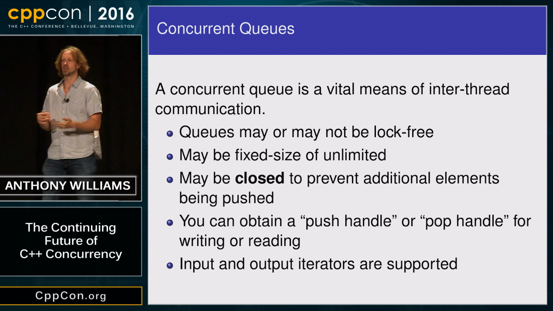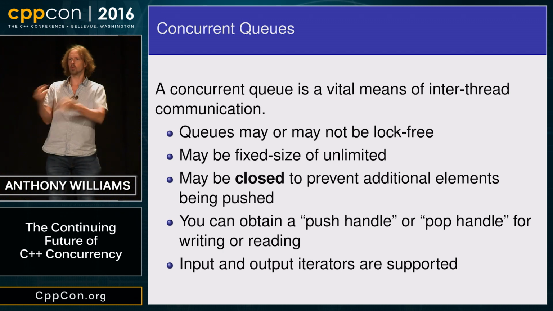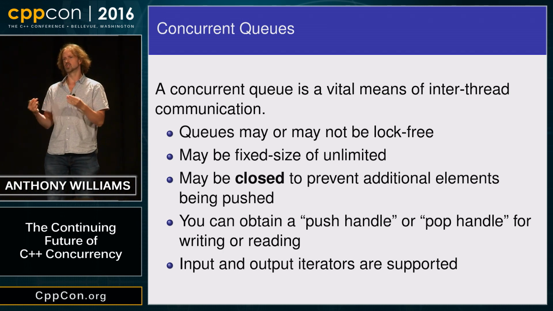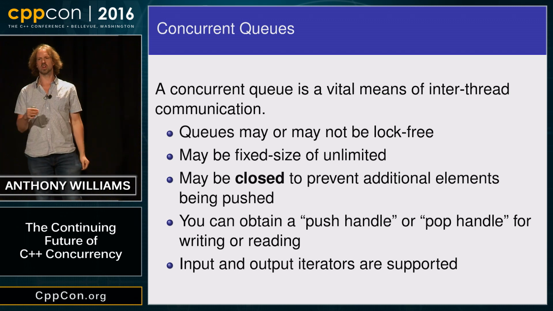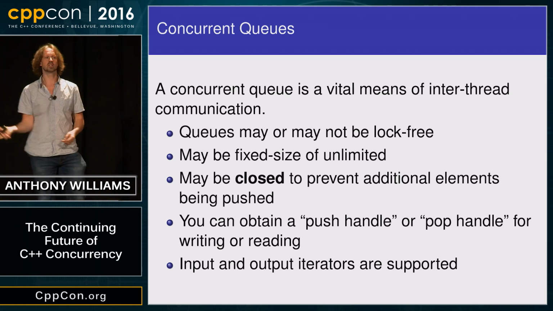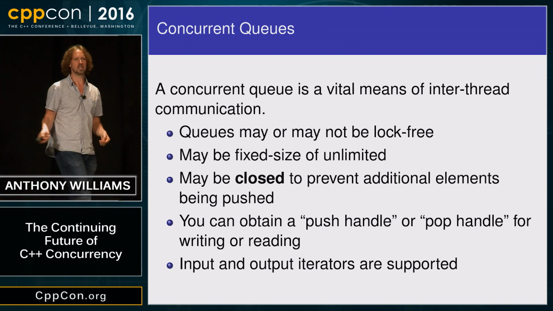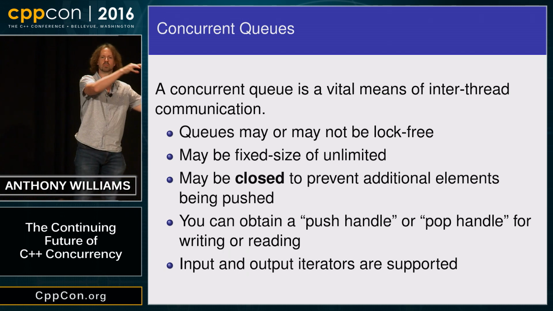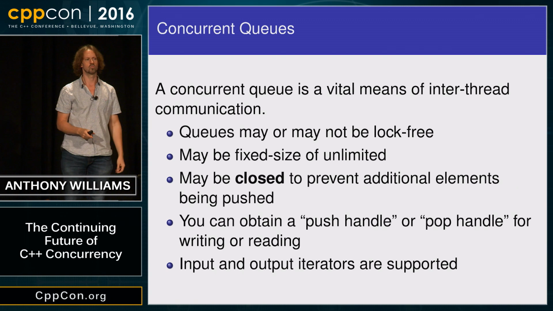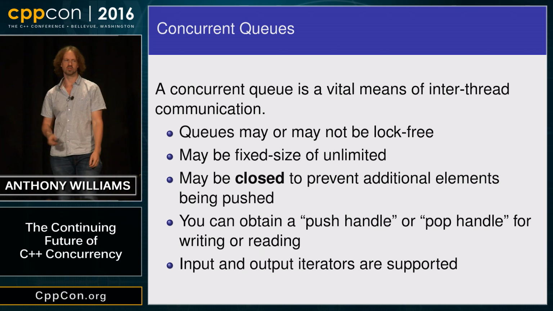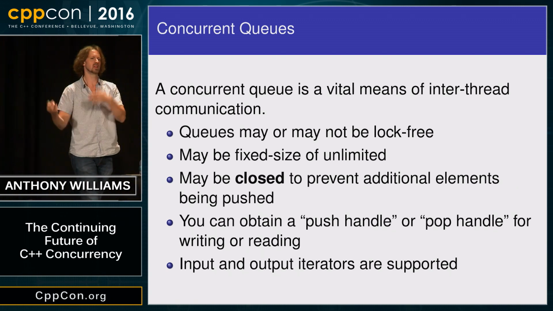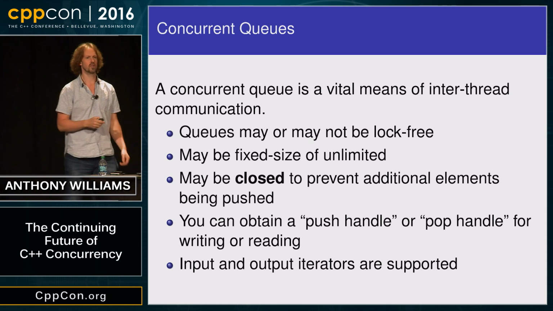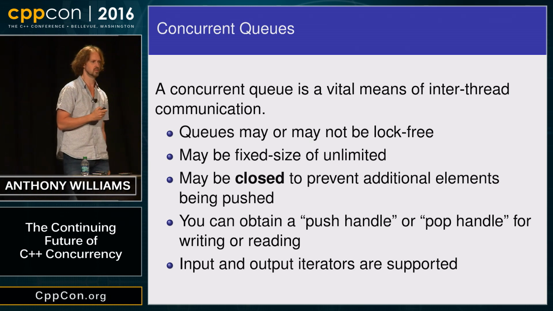You can pass around a pop handle, and you don't have to worry about whether that was a pop handle to a bounded queue or an unbounded queue, or a lock-free queue or a lock-based queue. It doesn't matter from the point of view of the code that's doing the processing. And then they work with iterators as well. So there's quite a lot of flexibility in that proposal.